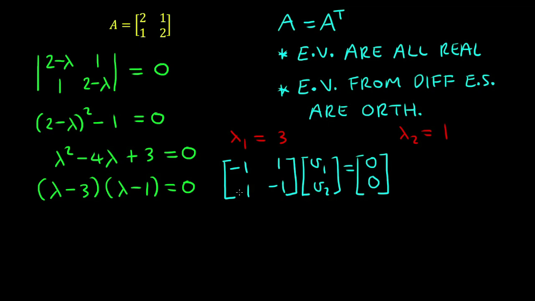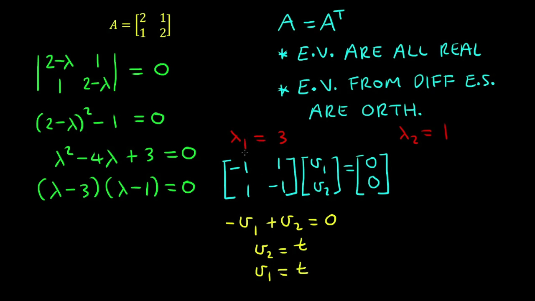So you'd get zeros in the bottom row, and therefore we have minus v1 plus v2 is equal to 0 from the first equation. We can set v2 as a parameter t, and therefore v1 is also equal to t.